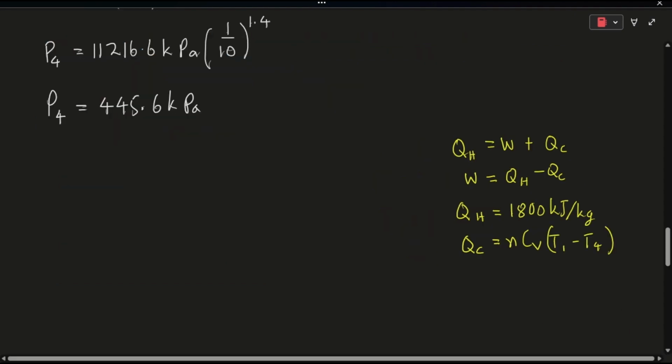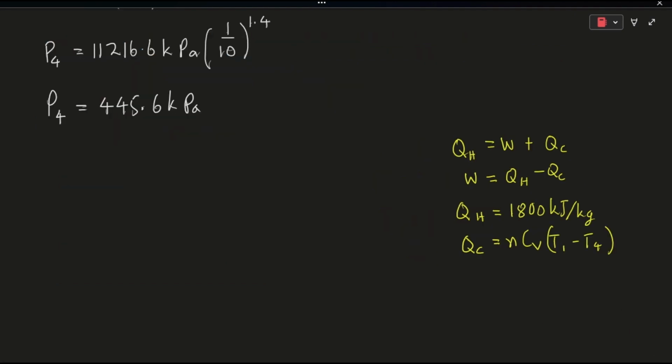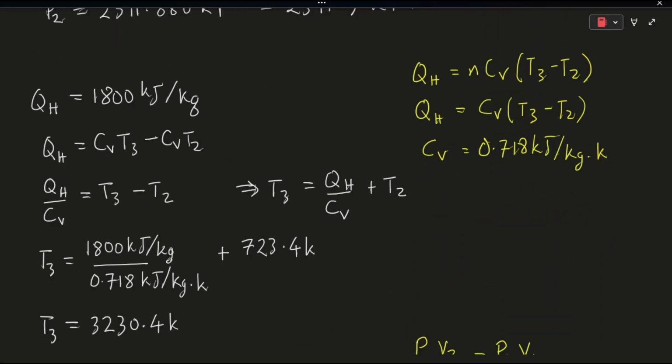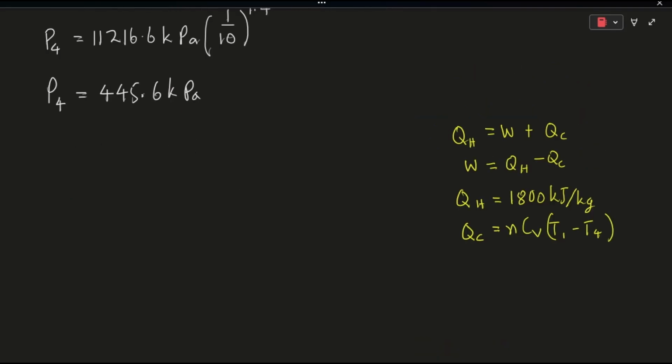We're dealing with an air standard Otto cycle, so n, representing the number of moles, is considered as 1. And our CV is given as 0.718 kilojoules per kilogram per Kelvin. So let's determine QC, and then we can go ahead to determine our net work output.